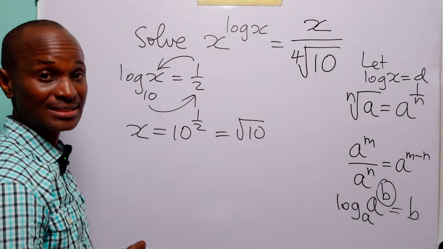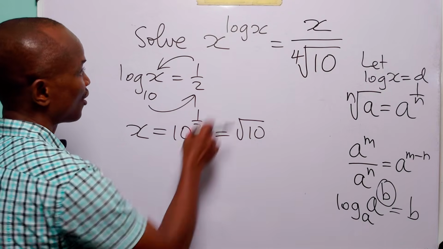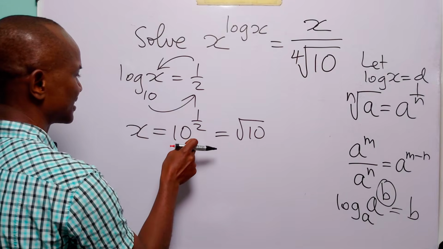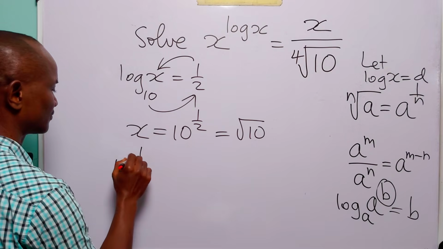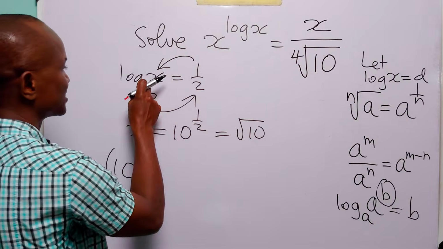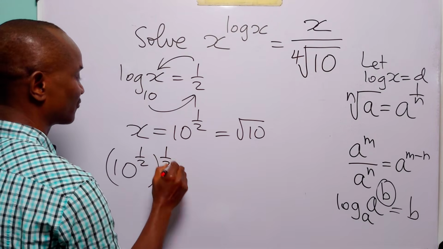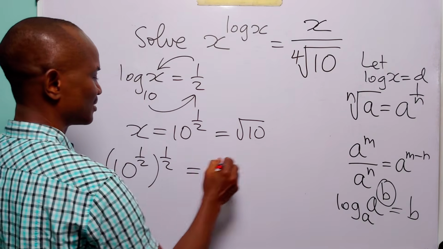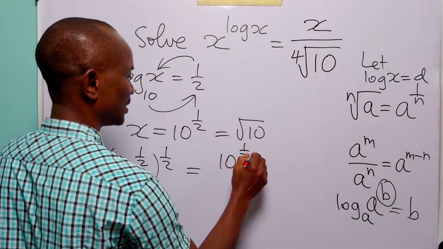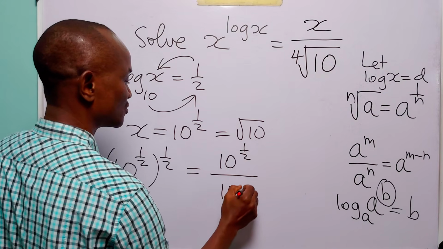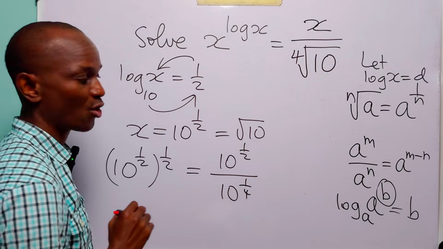Now let us check whether that answer is correct. When we substitute into the original equation, of course, x is 10 to the power half. And this is to the power log x, which is equal to half. And on the right-hand side, we have x, which is 10 to the power half, divided by this, which is 10 to the power 1 over 4.